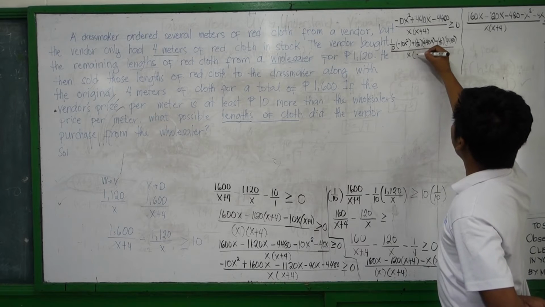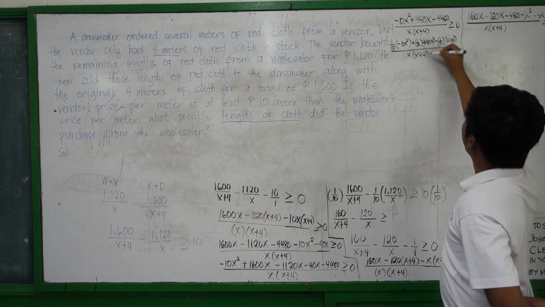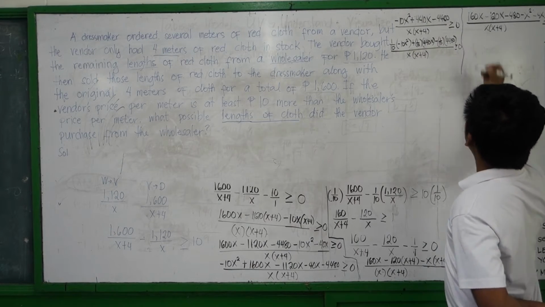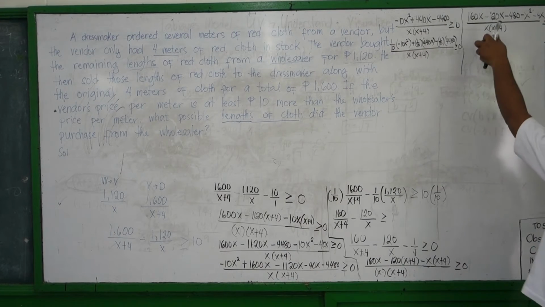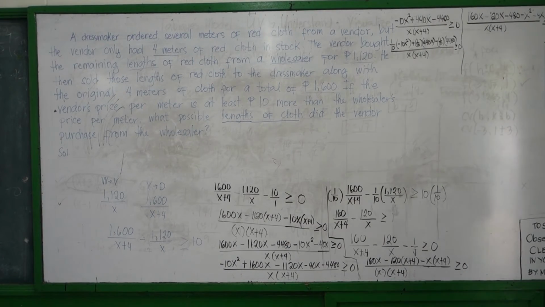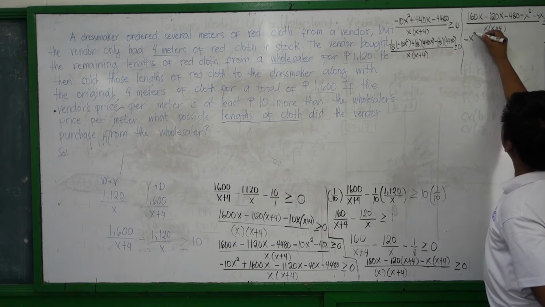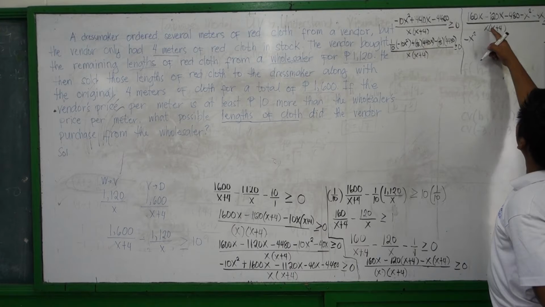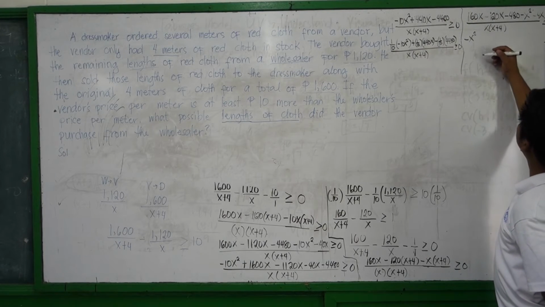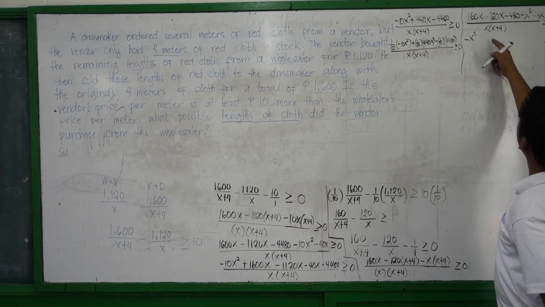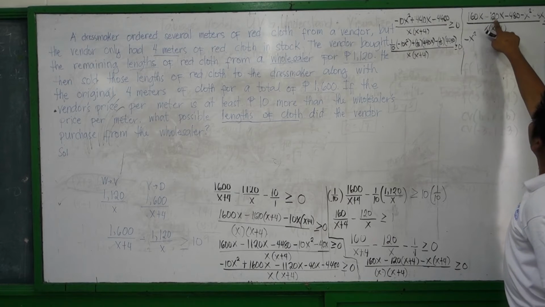That's x, negative x squared. So for the x's, that would be 160x minus 120x.